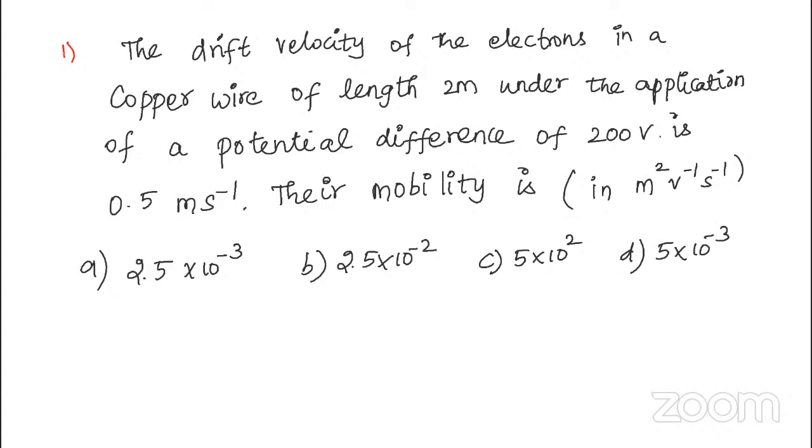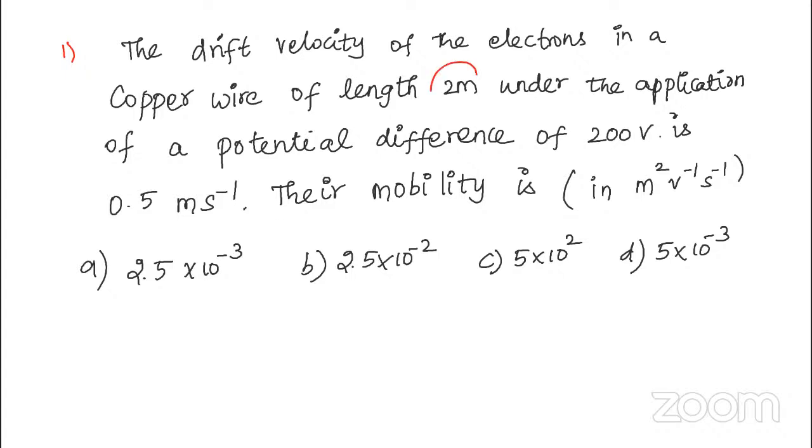Here they are asking the mobility value. To calculate mobility we know the formula, and from the formula we find the values. Let us see how to calculate the values. First write down the given values.